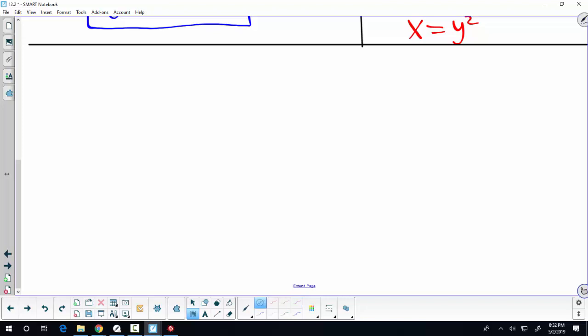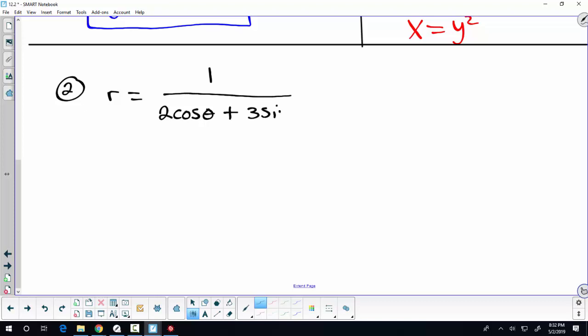Okay, last one. Let's say we have r equals 1 over 2 cosine theta plus 3 sine theta. What would we do there?